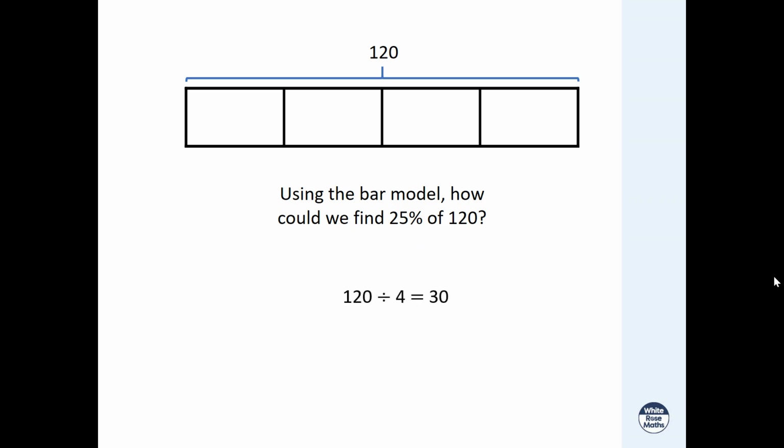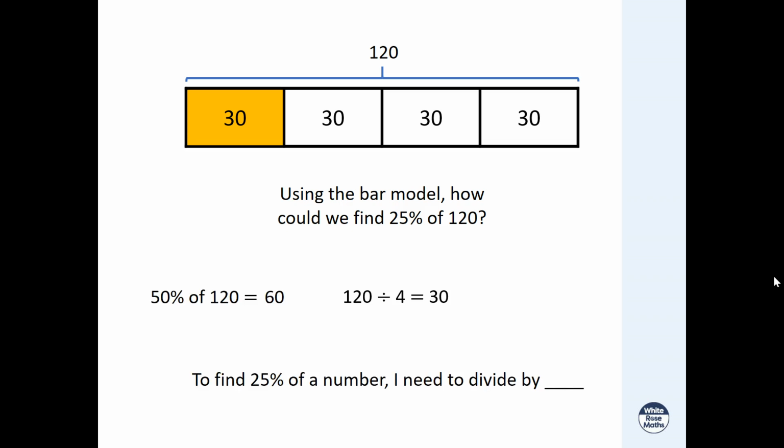Now because we've split our bar model into 4 and our bar is worth 120, we know that if we divide 120 by 4, that would be 30. So to find 25%, we would divide the number by 4, and 120 divided by 4 is 30. So to find 25% of a number, I need to divide that number by 4.